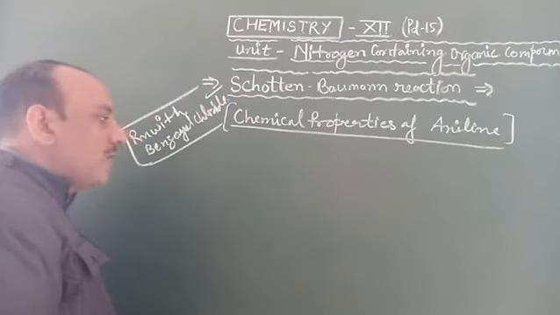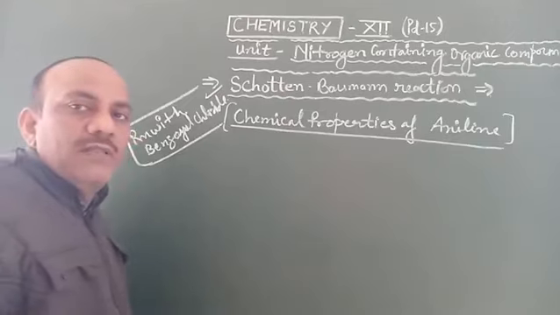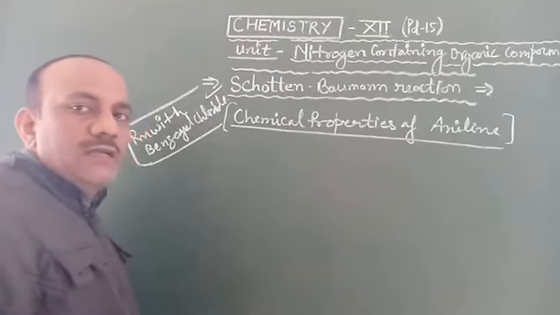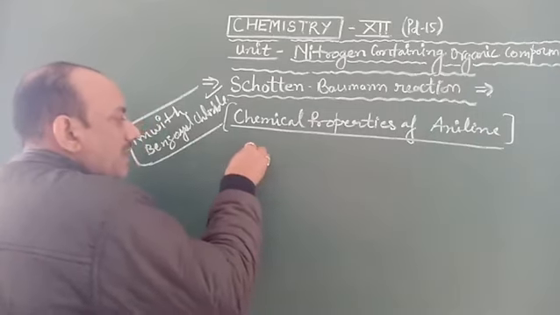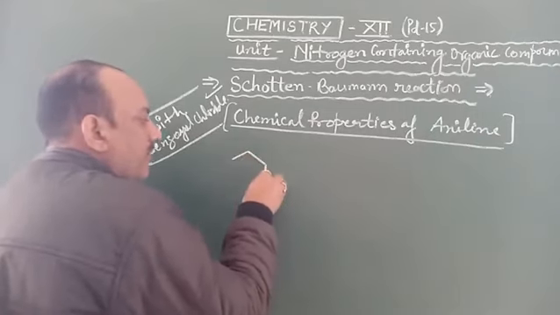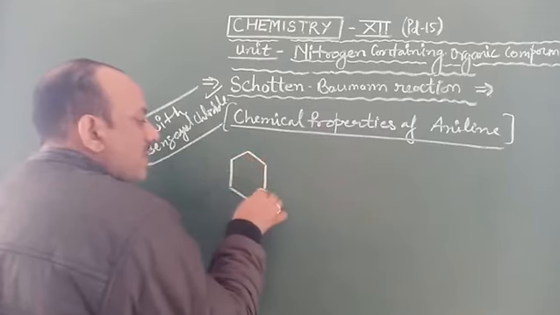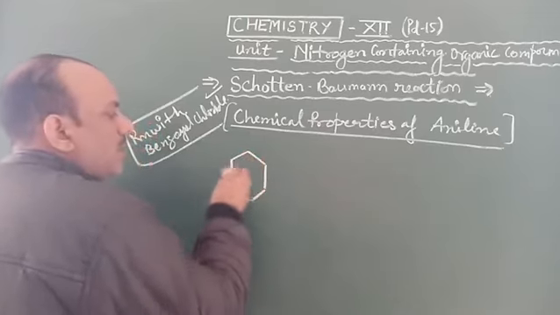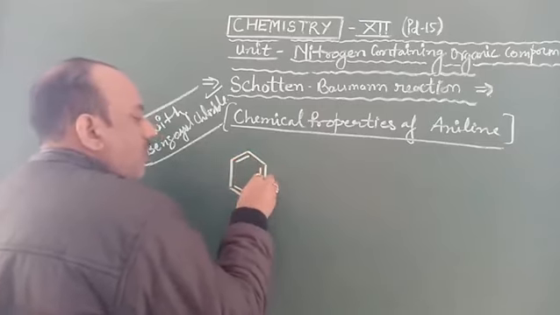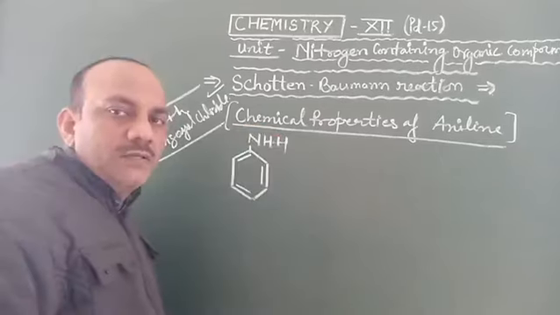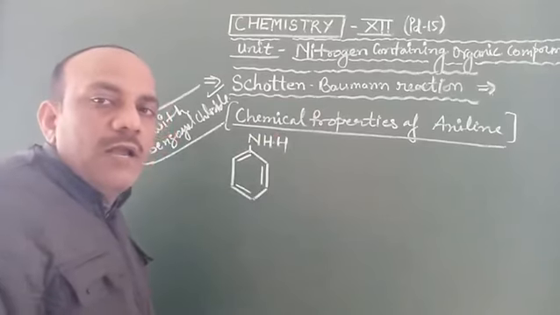Students, now we explain this reaction with the help of structural formulas of the reactants. The structural formula of aniline is C6H5NH2. Also we draw it in lateral form. So it is the structural formula of aniline.